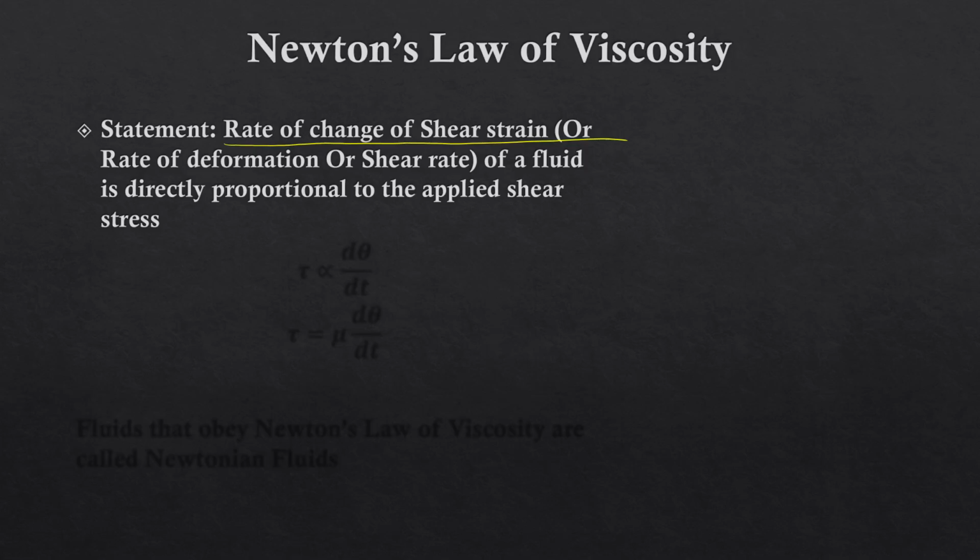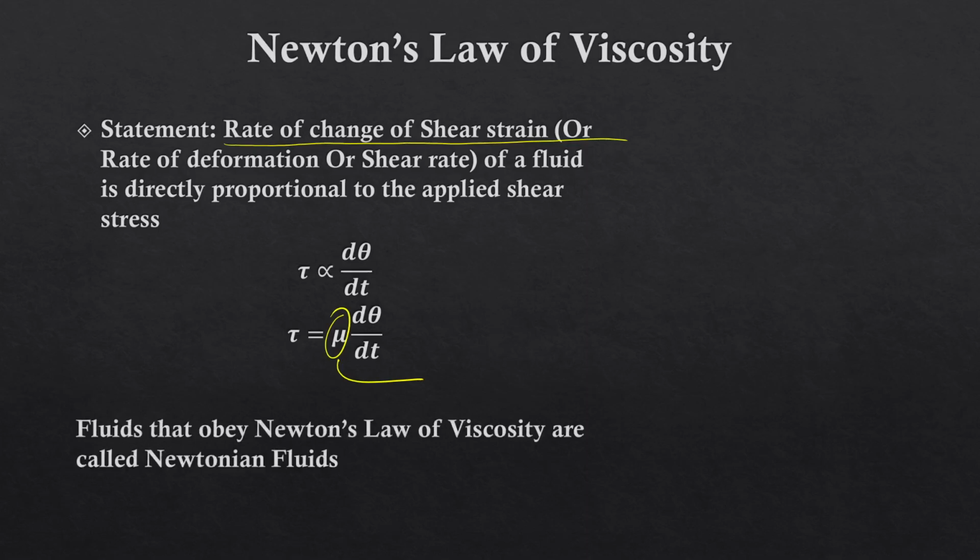This itself is called Newton's law of viscosity, and from that we found the definition of this coefficient of viscosity. Any fluid that obeys this law is called a Newtonian fluid.